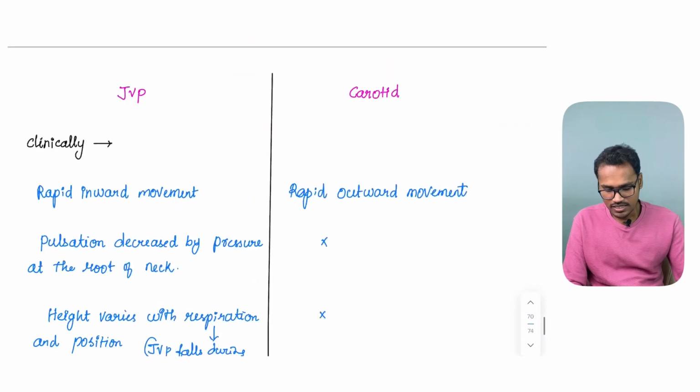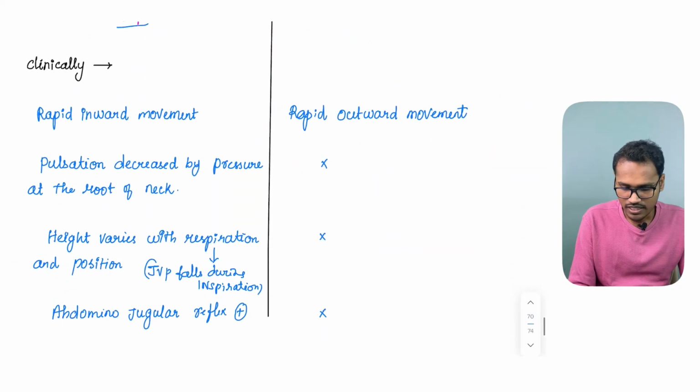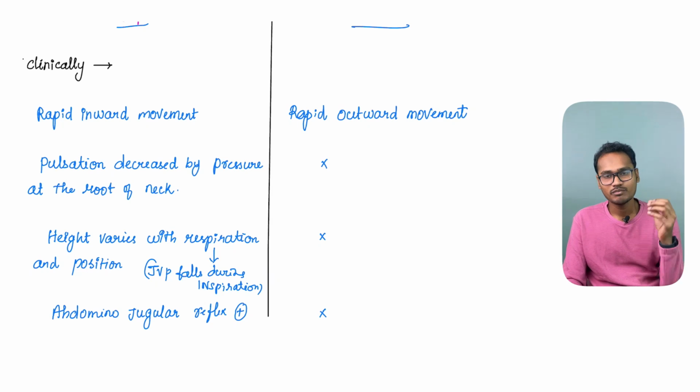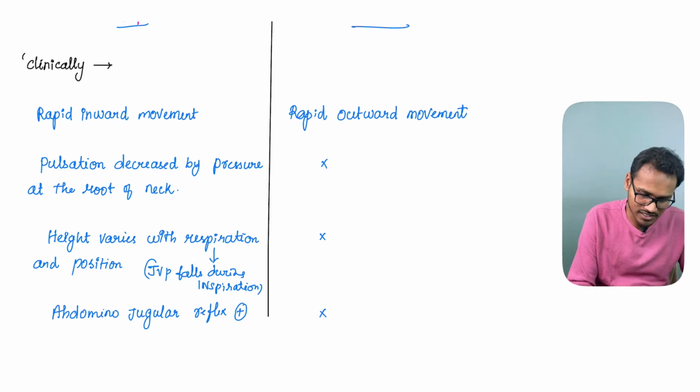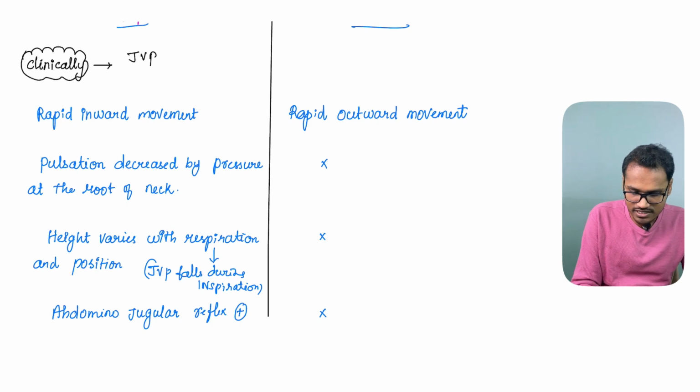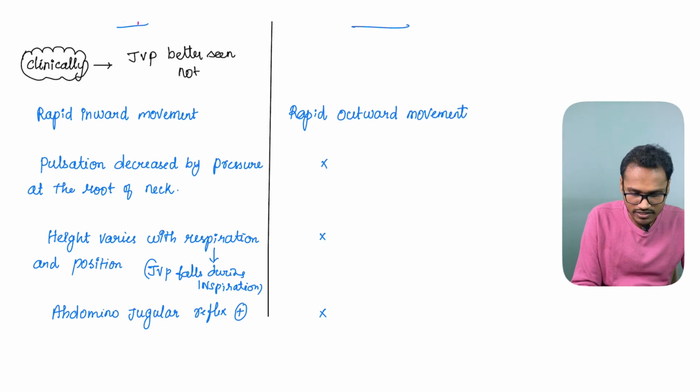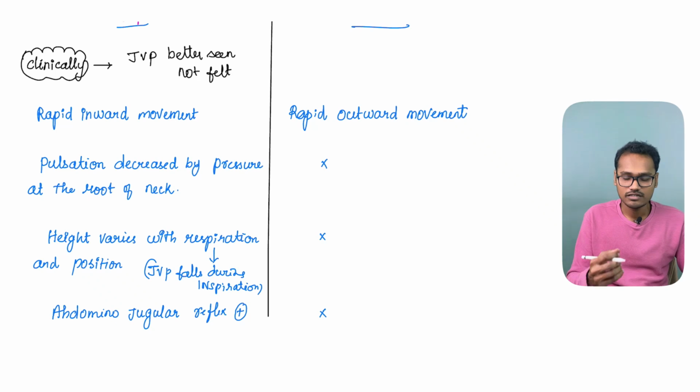So we have to understand the differences between JVP and the carotid. There will be a lot of points I'll be telling, but one classical point which is clinically useful, which is easier to identify the difference between a JVP and carotid, we will deal with first. Clinically, the JVP is better seen because it's a vein; it is better seen and not felt. It is not felt that much.